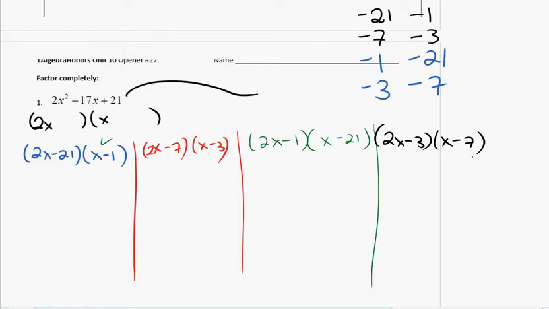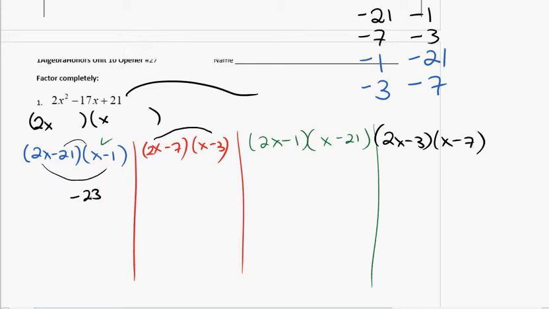Now some people might look at this and say, okay, I can kind of picture 2 times negative 1 and negative 21 times x, and that is probably not going to add up to negative 17. I don't know if you can see that or not. Negative 21 times x plus negative 2, or 2 times negative 1, is negative 23.